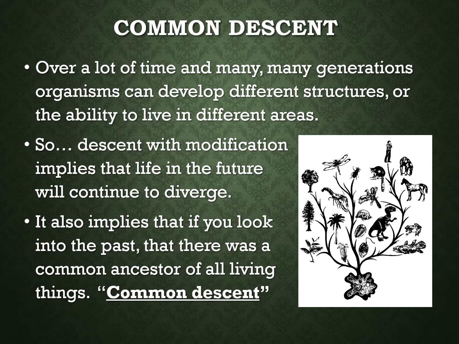And descent with modification implies that life in the future is going to continue to diverge, and it also implies that if we look into the past, there was a common ancestor for all living things. And that's where the term common descent comes from. So all organisms have a common descent from a common ancestor.